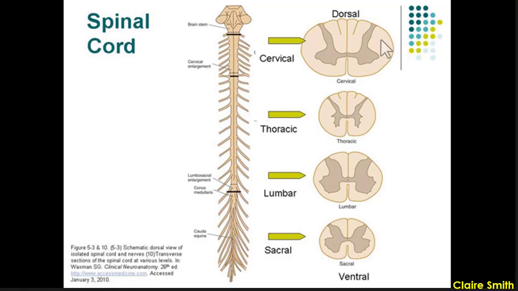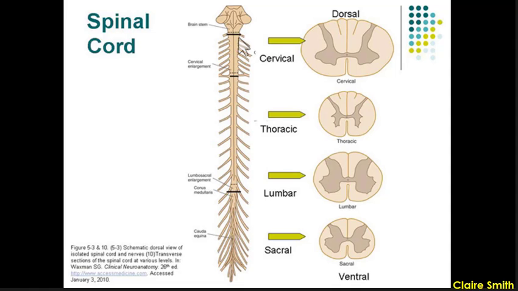If you remember from last week, in the brain that's flip-flopped. In the brain, remember our corpus callosum that connects our hemispheres, the deepest part of our brain really, that is white matter, and more superficially we see gray matter. So it's flip-flopped.